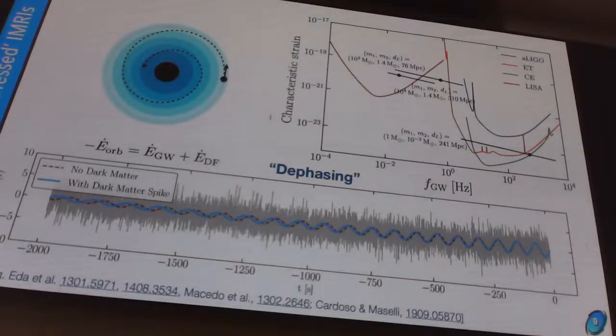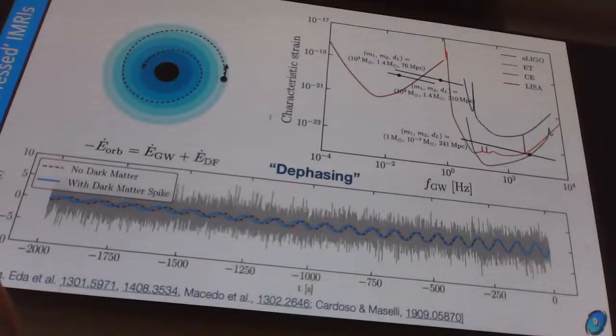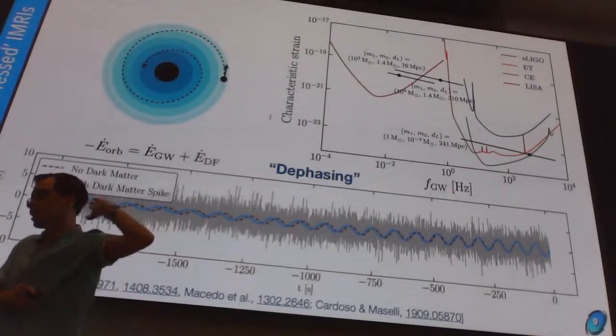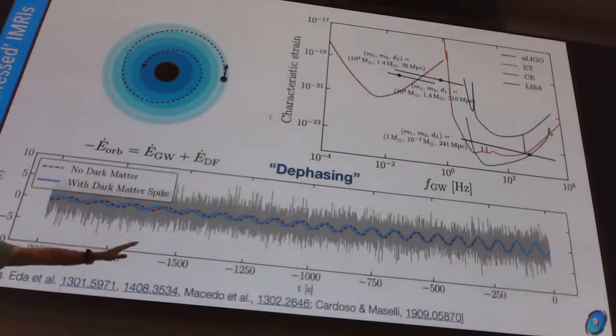So this is a small effect, and something which I didn't emphasize is that it is a very small effect, but it accumulates over potentially many cycles. If you're thinking of looking at one of these intermediate mass black holes with LISA, you would be looking at many millions of cycles, and what you actually need is only a few cycles.